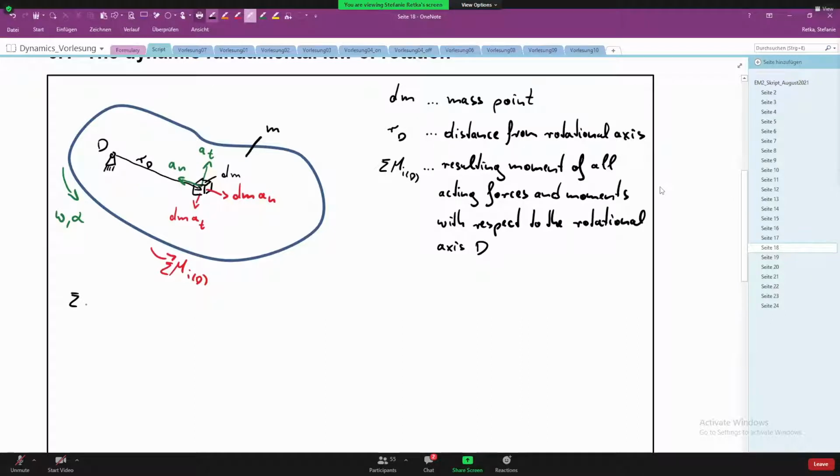Then the sum of all forces with respect to the axis D is unequal to 0. Since we have a rigid body with spatial dimensions, meaning that there's mass that is outside of our point of rotation, our rotational axis, and our system is being accelerated.